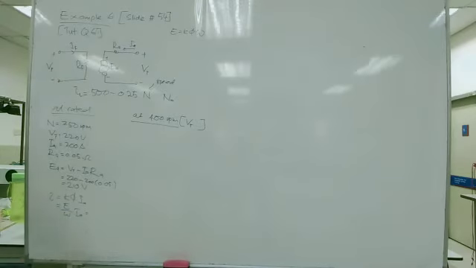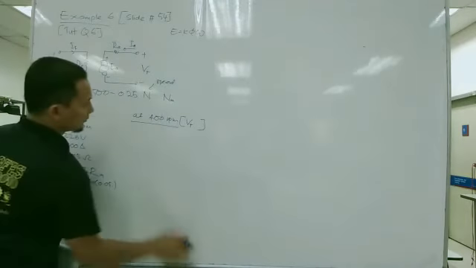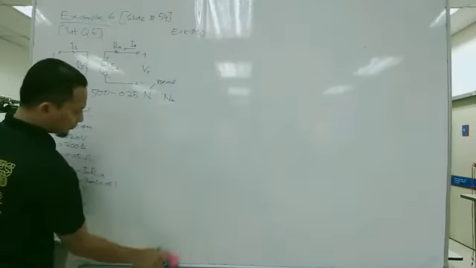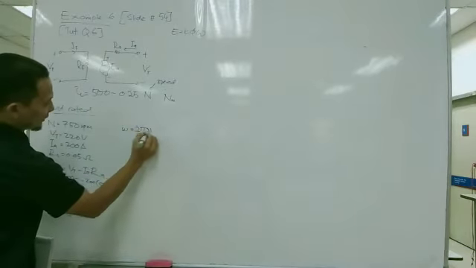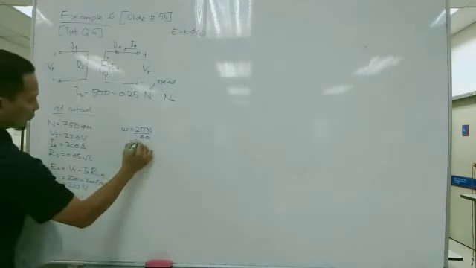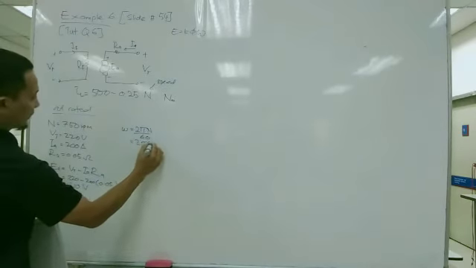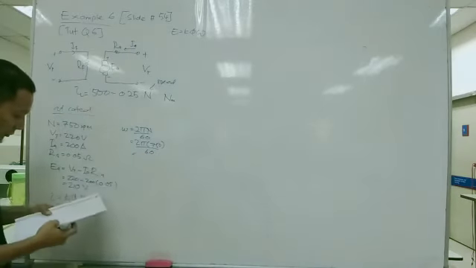So torque at rated equal to, omega equal to 2 pi n over 60. So here we get 2 pi times 750 over 60.